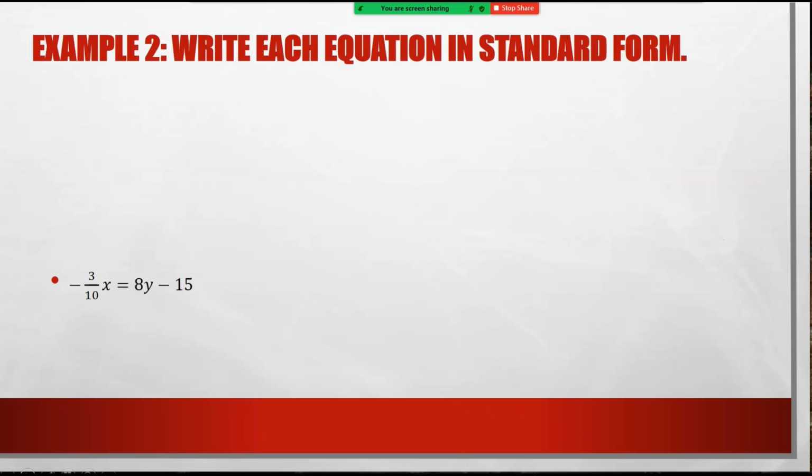So in that first example, we have 6x minus 3x minus 6y minus 9. To get that into standard form, we have to move over the 9. So we're going to add 9 to both sides.